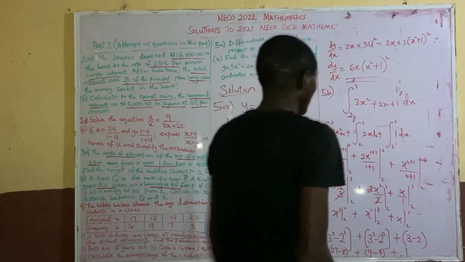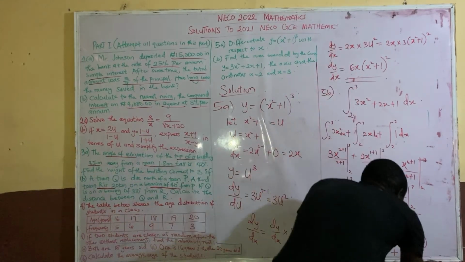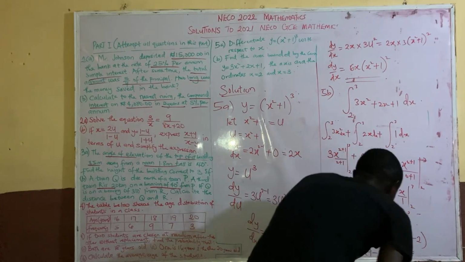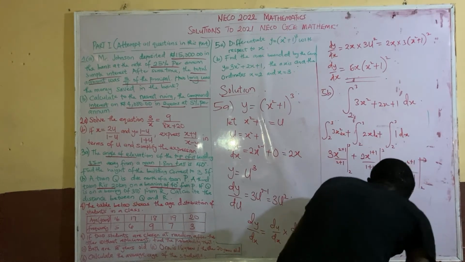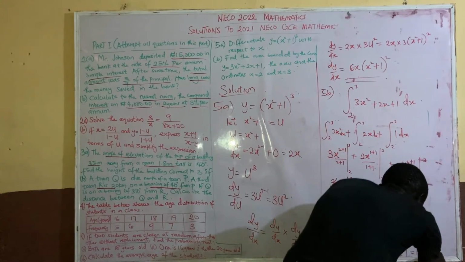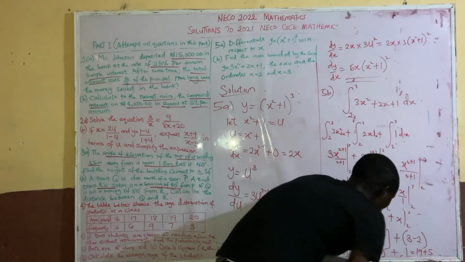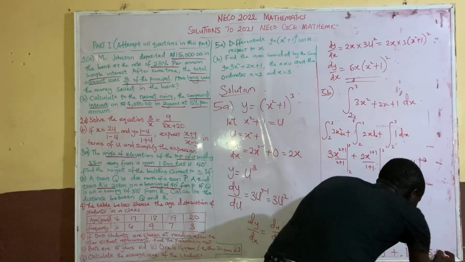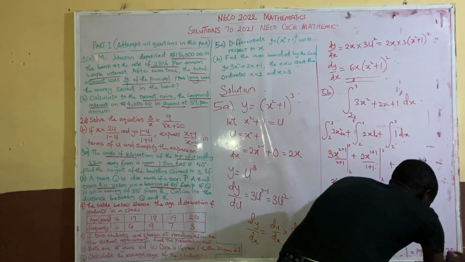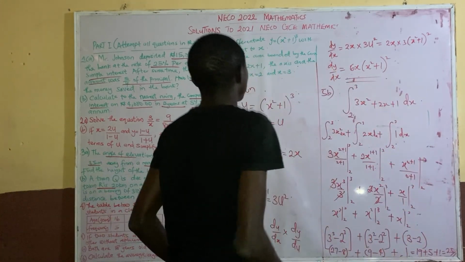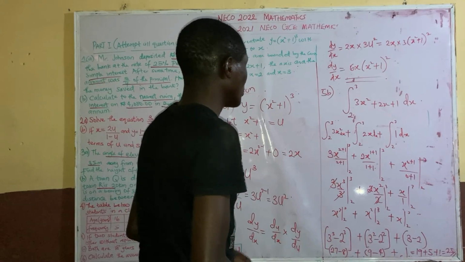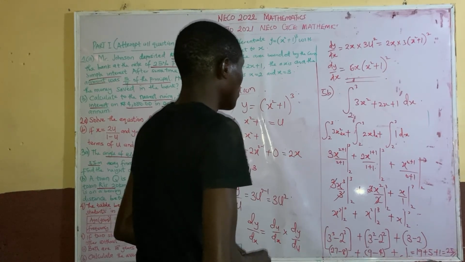So as final answer here, we have 27 minus 8, which gives 19, plus 5, plus 1. The answer will be 25. That's the area, 25. That will be 25. That's the area under that curve. So that's that about that.